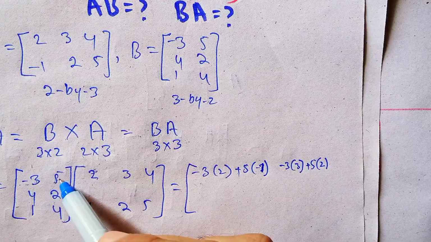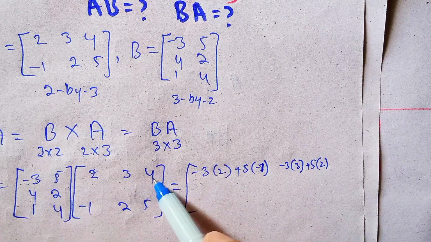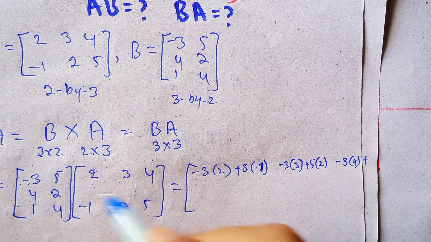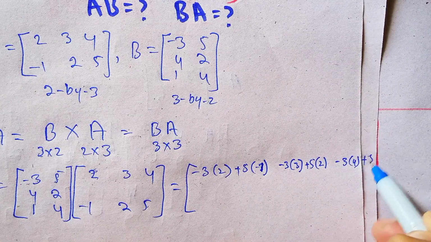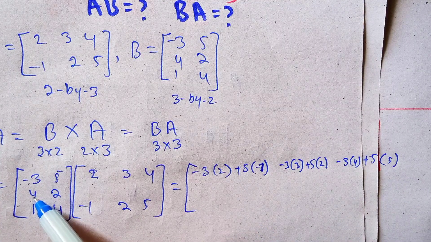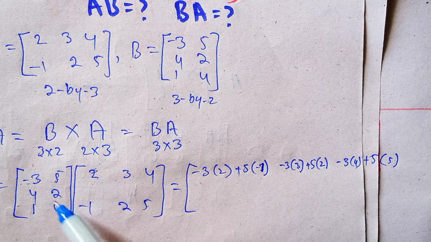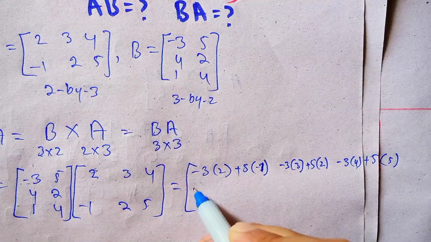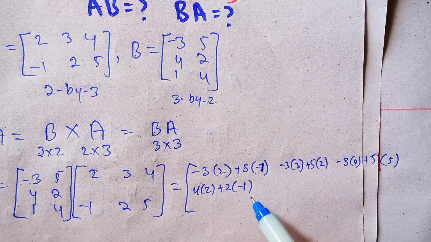Now multiply the first row of matrix B with the third column of matrix A. Negative 3 times 4 plus 5 times 5, right? Now we are going to multiply the second row of matrix B with the first column of matrix A. So 4 times 2 plus 2 times negative 1.